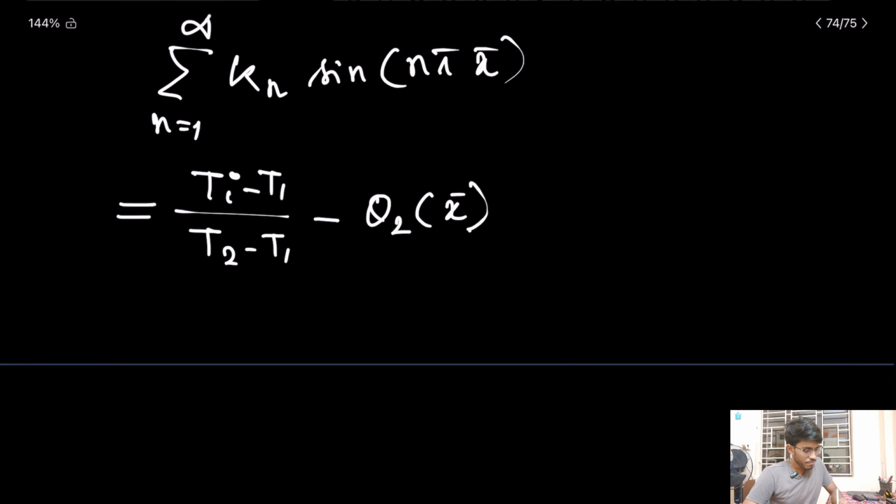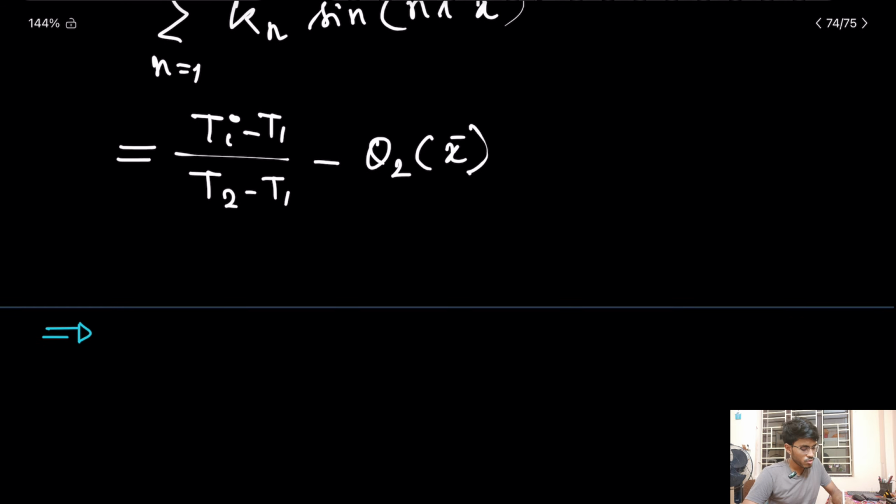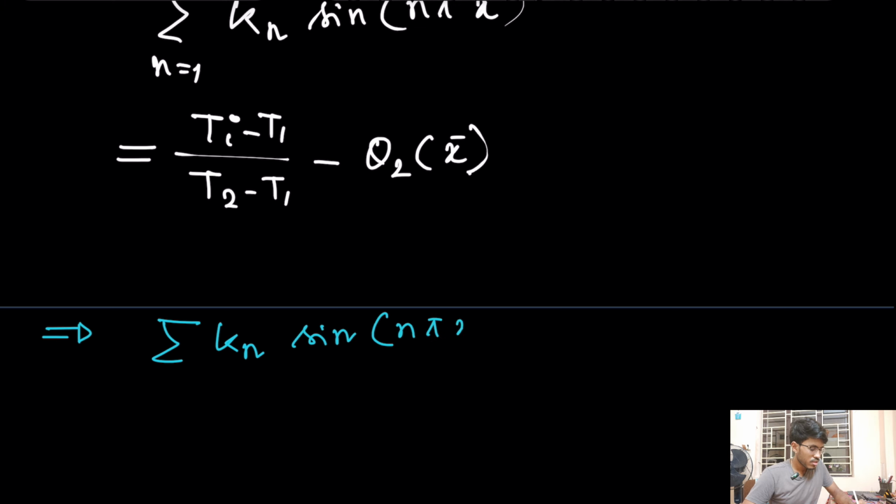Continuing, what I will do is multiply it with sine m pi x bar on both sides. So this is a_n and this is a_m.